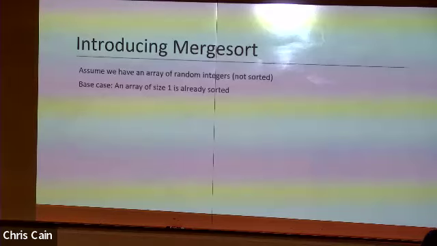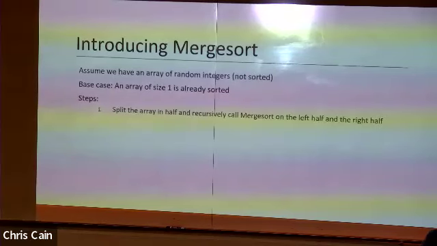So base case: an array of size 1 is already sorted. Let's break this down into some large-scale steps, because then we can work on solving each of these steps individually, and it'll be a lot less overwhelming than thinking about the entire process from the bird's eye. So let's start with the bird's eye, and then we'll break it down.